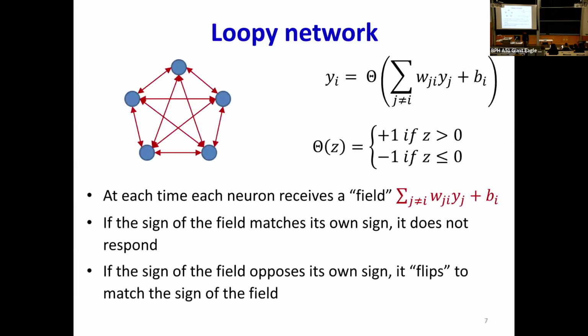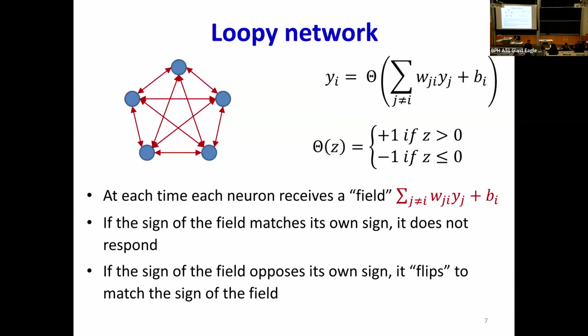So how would such a network function? At each time, the neuron receives some weighted sum of inputs plus a bias from the other neurons. If the neuron's output is currently +1, and the weighted sum of the inputs, the affine input term, is also positive, then the neuron is not going to change its output, because the output is simply the sign of the affine value.